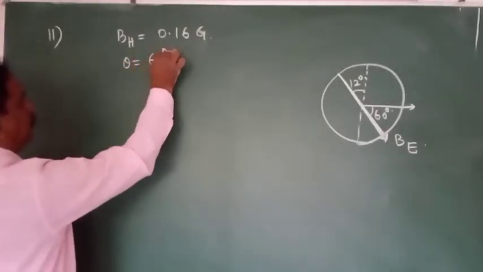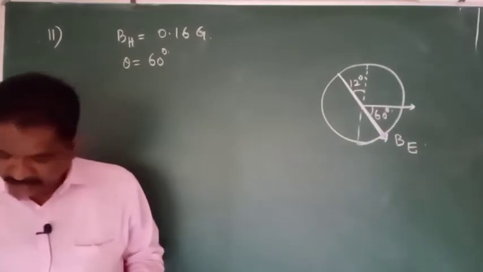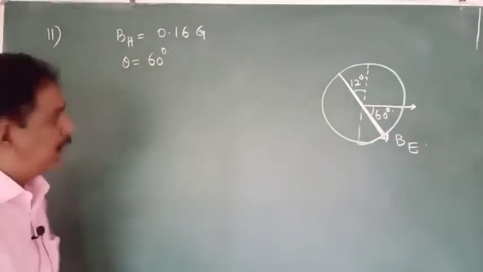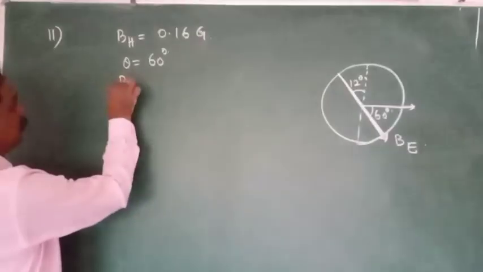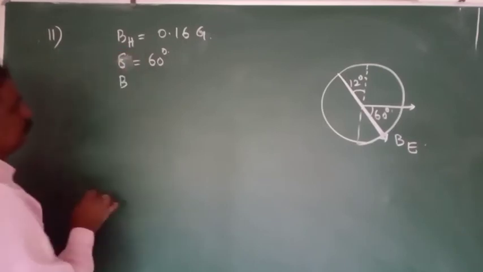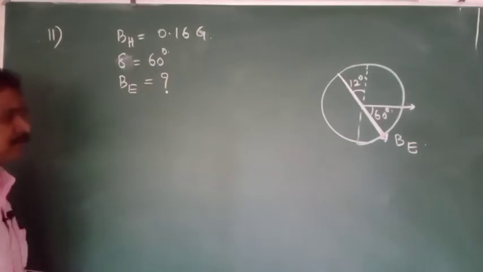Theta value will be 60 degrees. Then what they are asking is the Earth's magnetic field value, how much? This is not theta, this is delta.